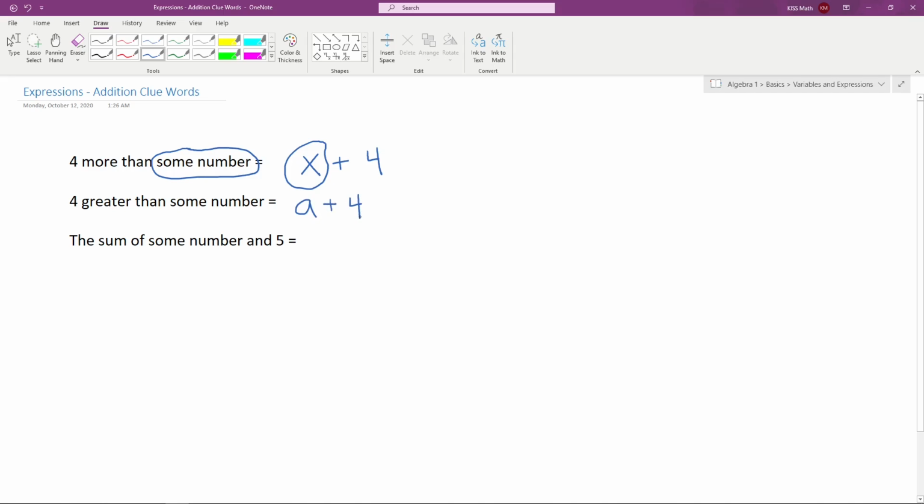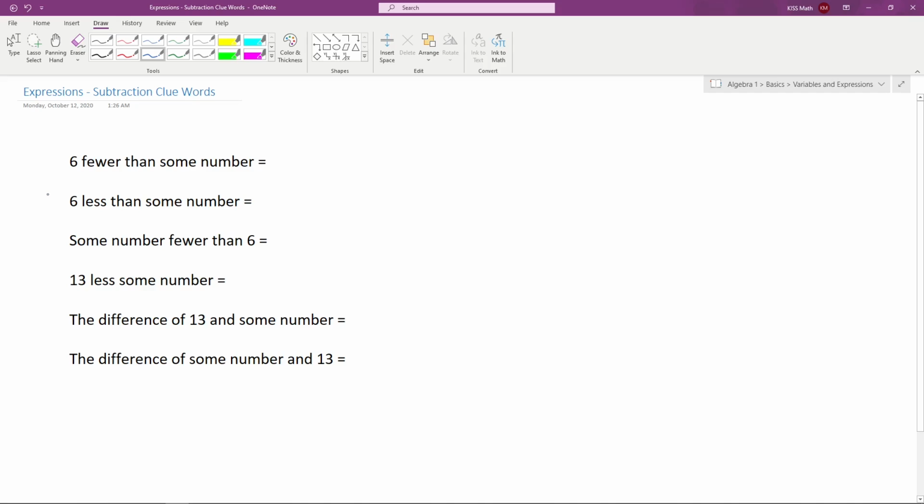It's just some symbol that represents the unknown. Now the clue words here are more and greater. They're indicating addition. The sum of some number and 5, this can also be written as x plus 5. Here, the word sum is telling us addition.